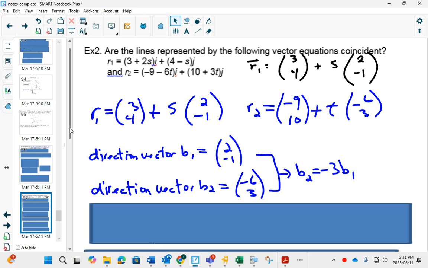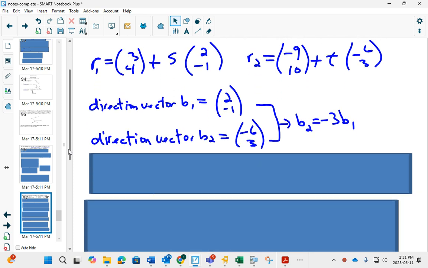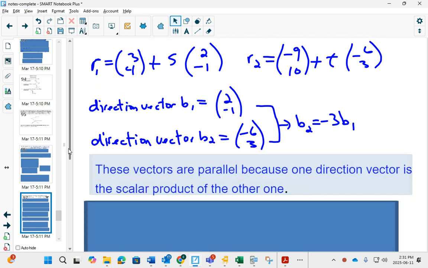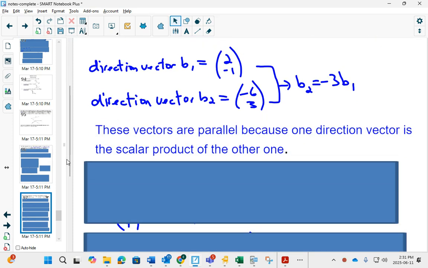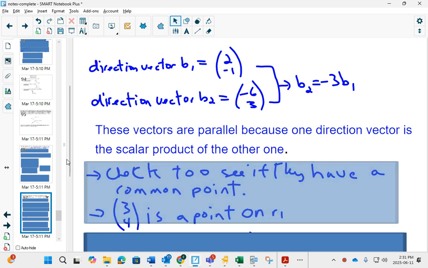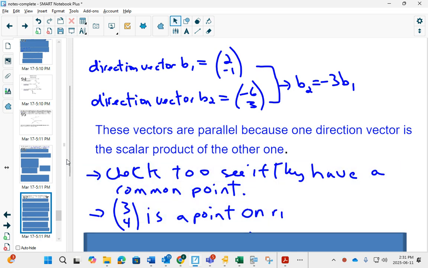Okay? This question is asking if they're exactly the same line, if they're coincident. So do they have a common point? Because if they have a point in common and they're going in the same direction, they have to be exactly the same line.